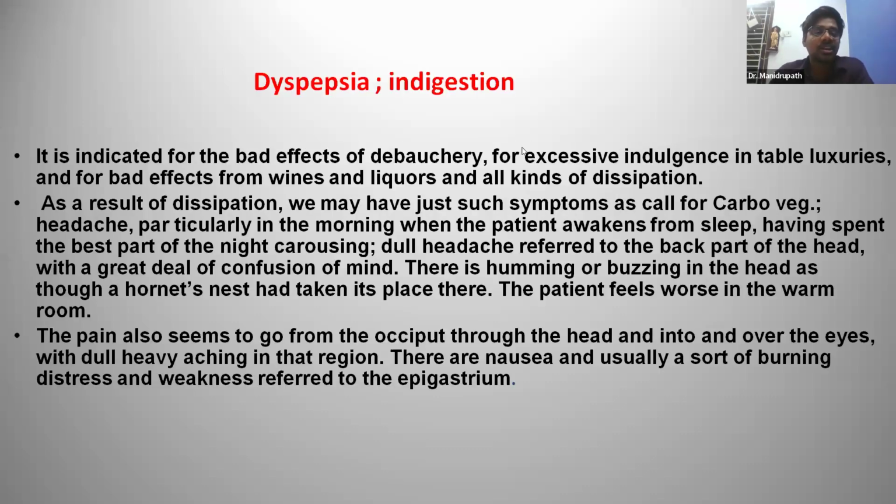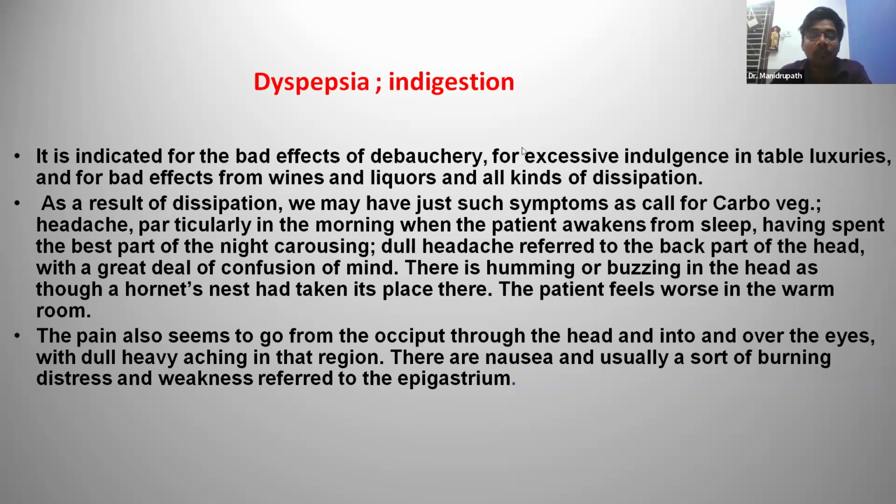Dyspepsia, indigestion. It is indicated for bad effects of debauchery, for excessive indulgence at the luxurious table, and for bad effects from wines, liquors, like Nux vomica. As a result of dyspepsia, we may have such symptoms that call for Carbo veg: headache, particularly in the morning when the patient awakes from sleep, a dull headache referred to the back part of the head with a great deal of confusion in the mind. There is humming and buzzing in the head.